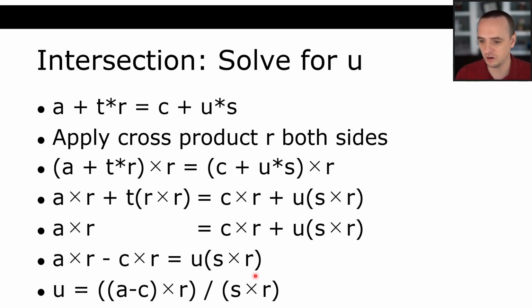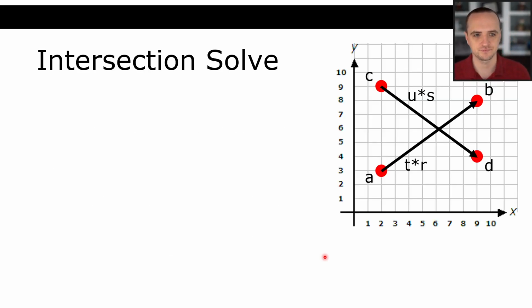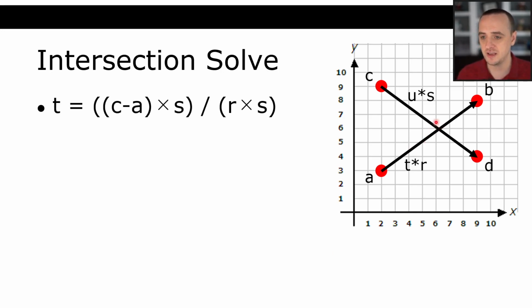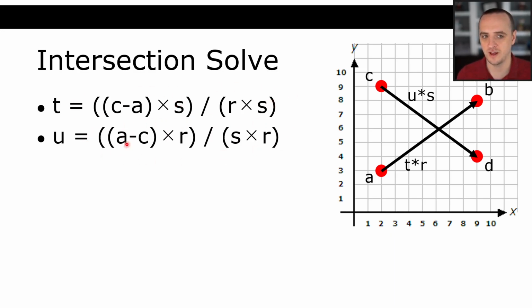So we know all of these values, so now we can solve for u, and in the previous slide we solved for t. Okay. So where these two things intersect is going to be right here, and that's t is equal to this value, and u is equal to this value. Okay? So there we go.